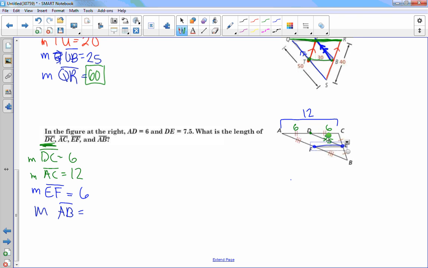Jeff? DE is half. And how long is DE? So DE is 7.5. So this side is double. Isaiah Cooper, what's double 7.5? 15. That's how we get 15. Okay, flip it over, please.